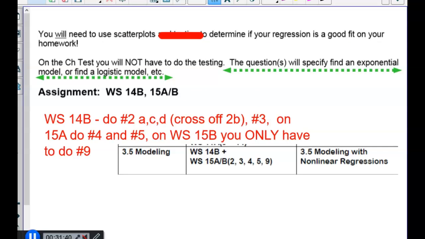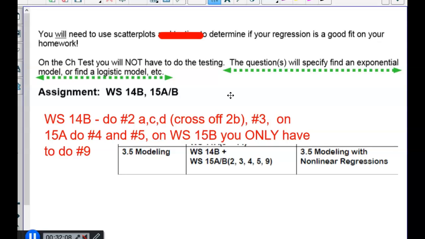All right, so this is what you guys have to do. You want to grab worksheet 4, flip it over to 14B. Circle number 2, but you can cross off part B, okay? And then you need to do number 3. That one doesn't tell you to do a test, does it?